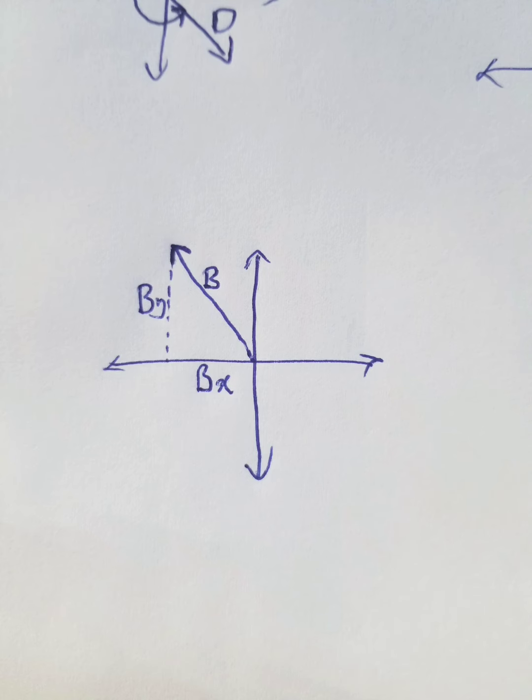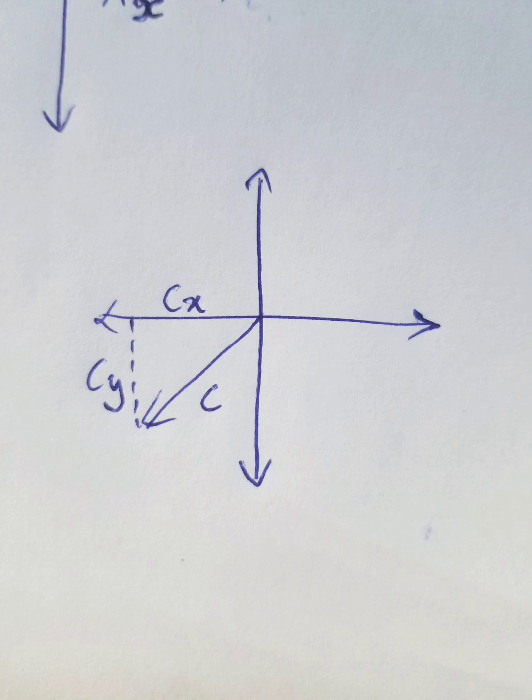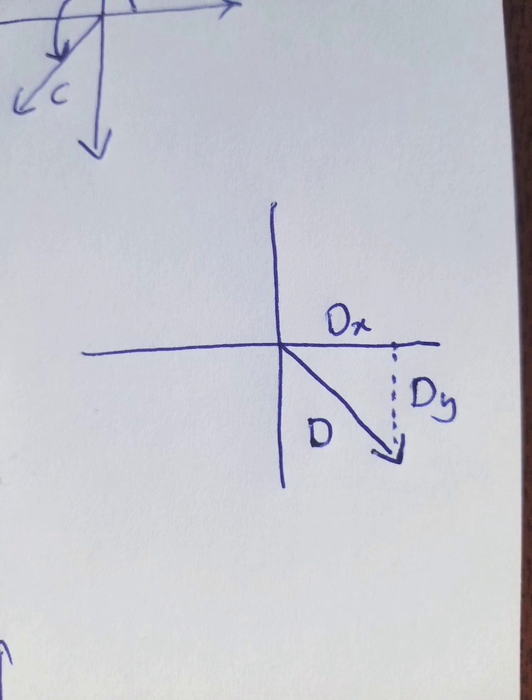And if you have a third vector, vector C, in this case, both x and y components are negative because the x component is on the negative side of the x-axis and the y component is also on the negative side of the y-axis. If you're in the fourth quadrant, you'll find that your x component is going to be positive while your y component will be negative.